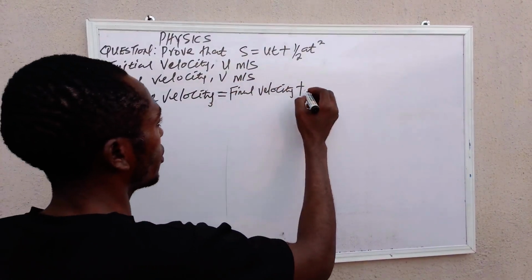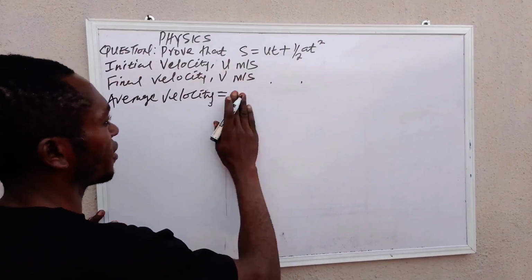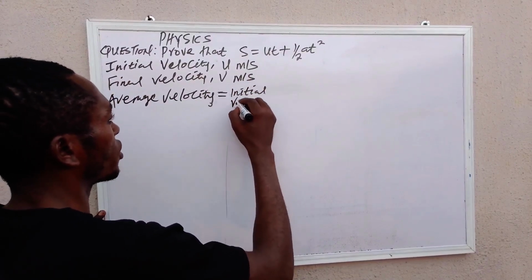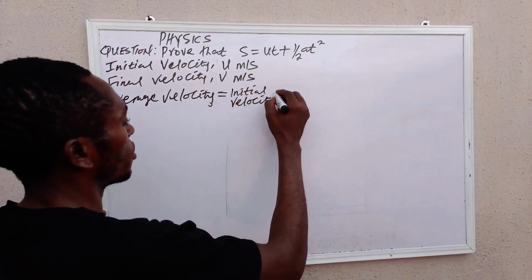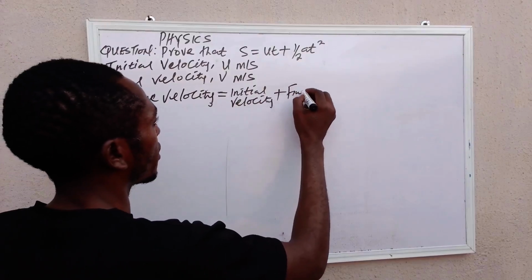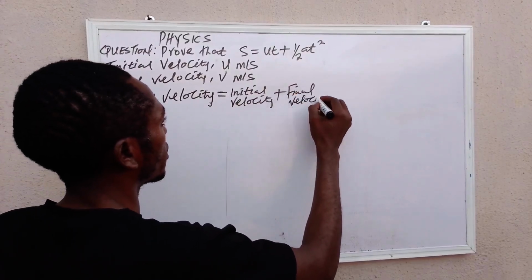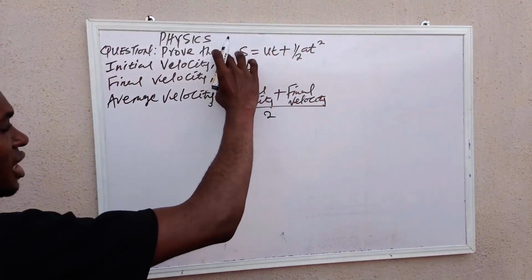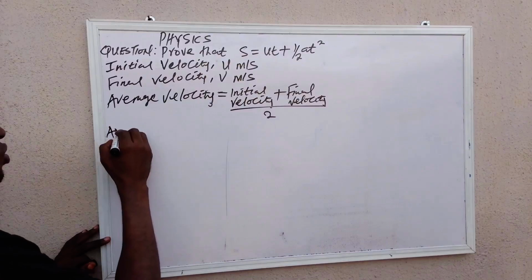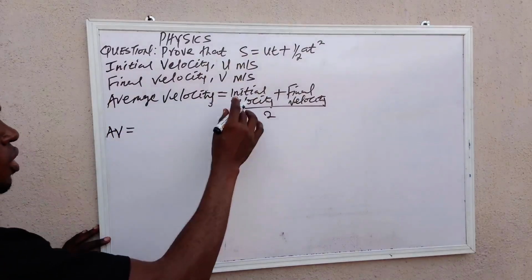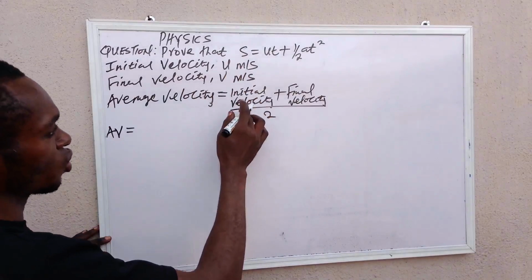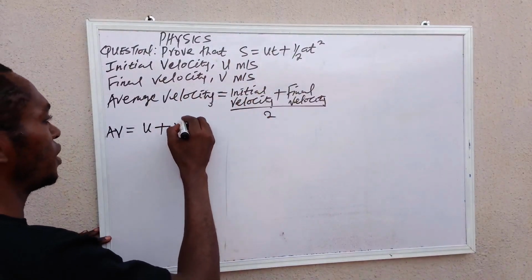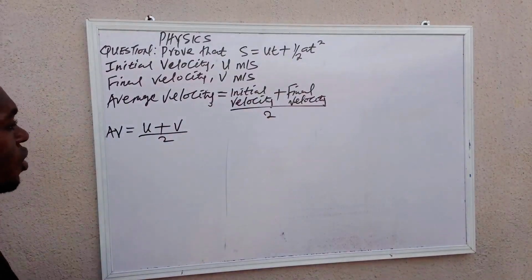Let's have the initial velocity first, plus the final velocity, over 2, since we're taking the average of 2. So we can have AV, let's use AV for average velocity, which is equal to, substituting the letters, initial velocity U plus final velocity V, over 2. This is what you have.